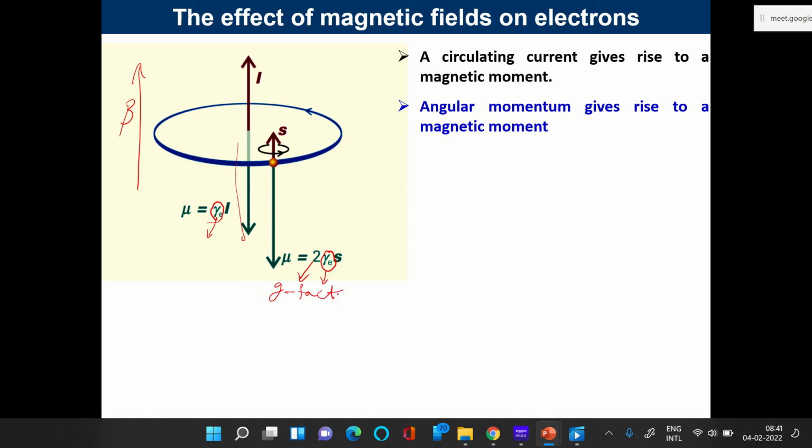The G factor comes from a relativistic effect, the theory of relativity that Einstein has given. I told you that with spin there is an issue if you visualize it as a spinning top.